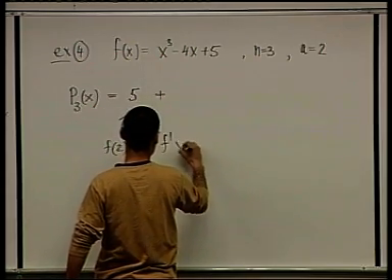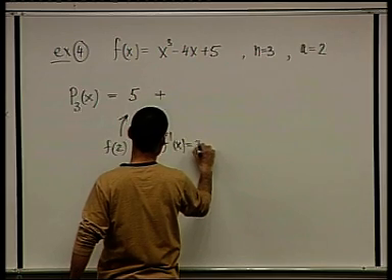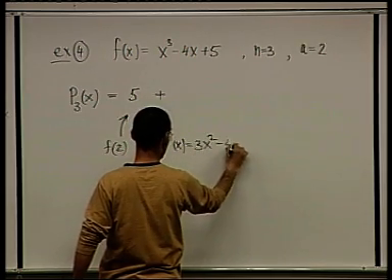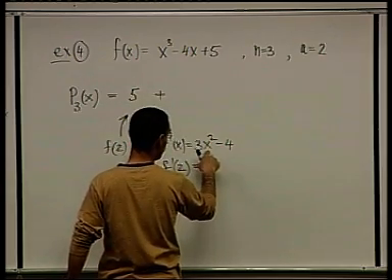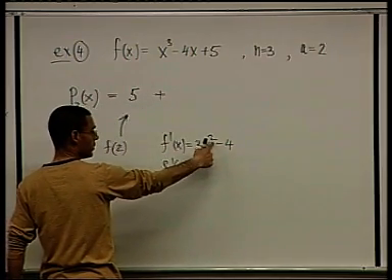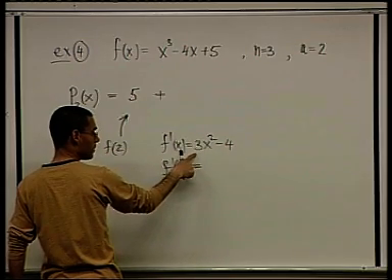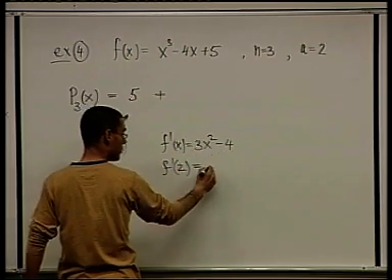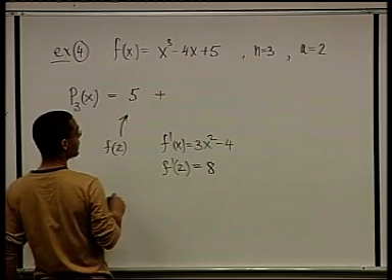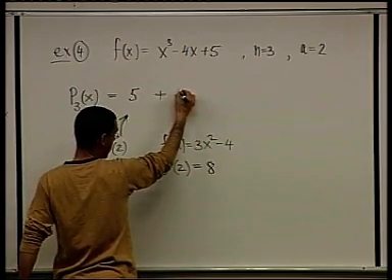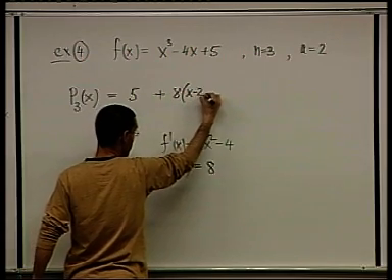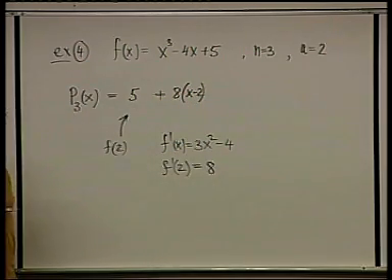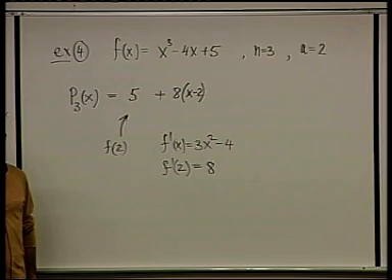So f prime of x is 3x squared minus 4. F prime at 2 equals 2 to the power 2 is 4, times 3 is 12, minus 4 is 8. So I need 8 divided by 1 factorial times x minus 2. Good?